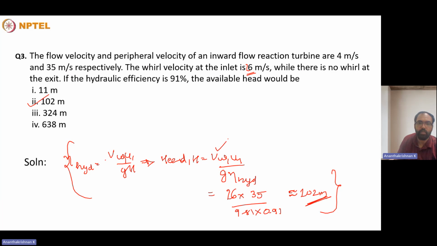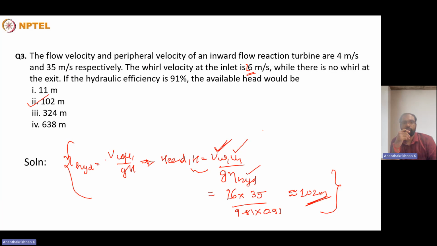So in this particular problem, almost all the values are known. We know the value of the blade velocity, the whirl component at the inlet, the peripheral velocity, and the hydraulic efficiency. We can calculate the head from this formula directly, straightforward. But if one of these parameters was unknown, we could have calculated that from the velocity triangle, if some other parameter like the blade angle was given.